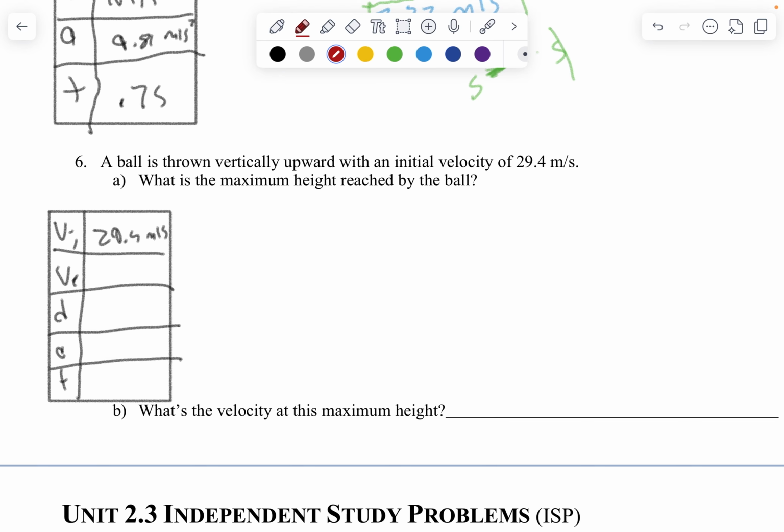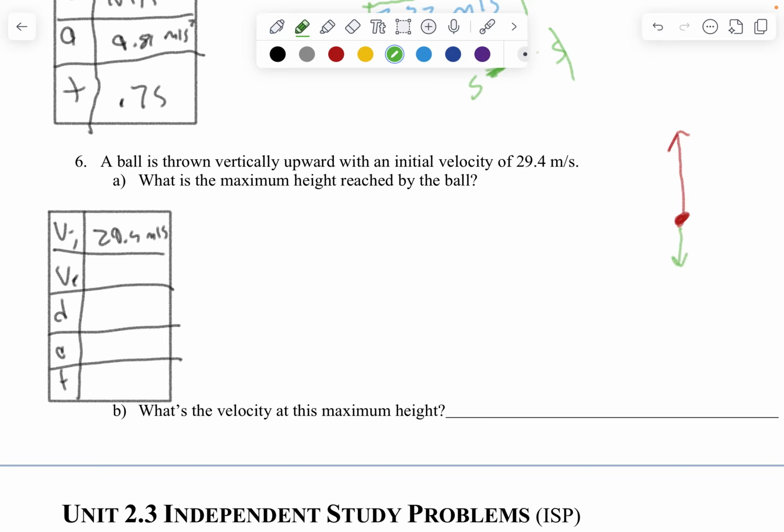We have a ball thrown upward at 29.4 meters per second initially, right? So it's being thrown upward. Here's the ball. But then we have gravity pulling down on it. Okay, and so gravity is going in which direction? Gravity is always pulling down in the opposite direction.